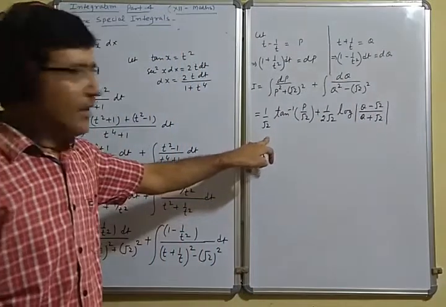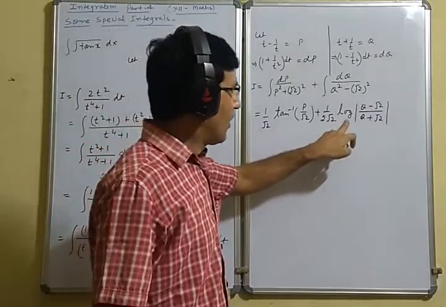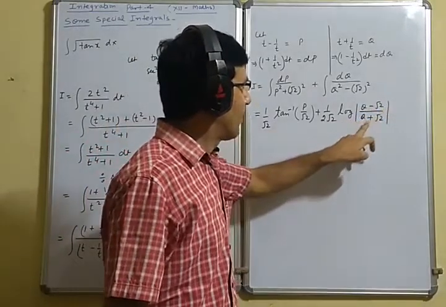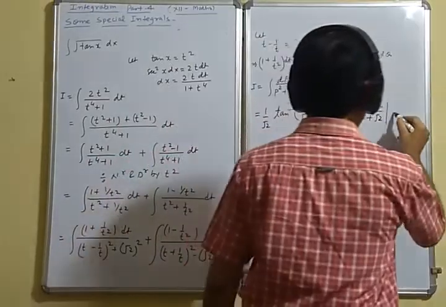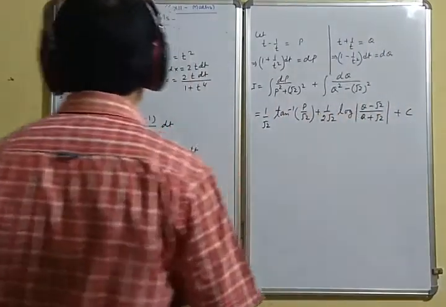So this is 1 upon 2 root 2 log of q minus root 2 upon q plus root 2, plus constant of integration c.